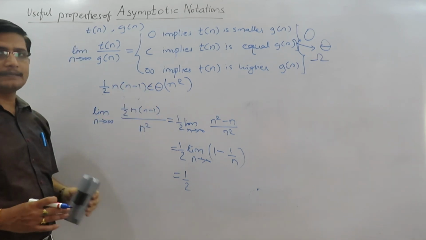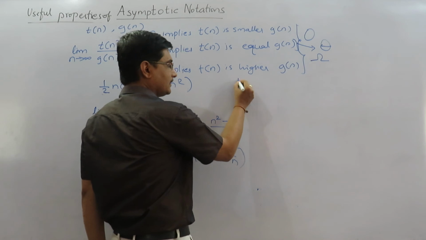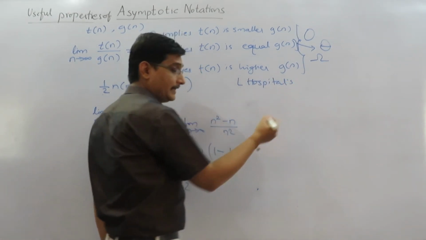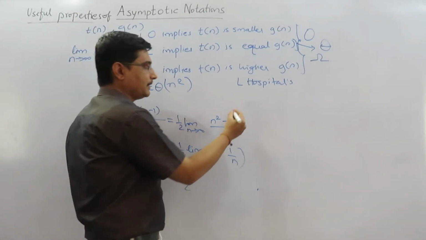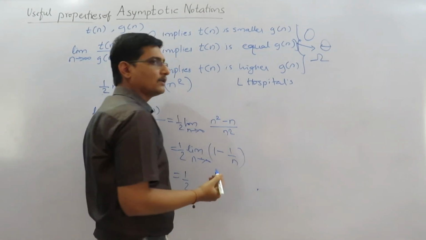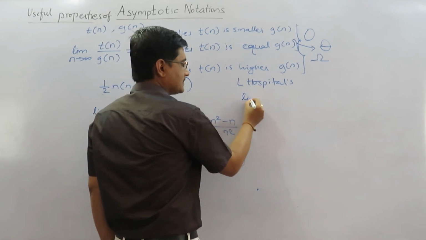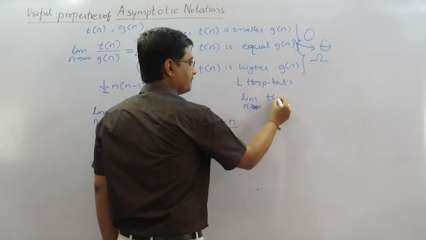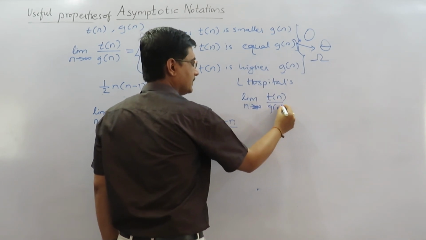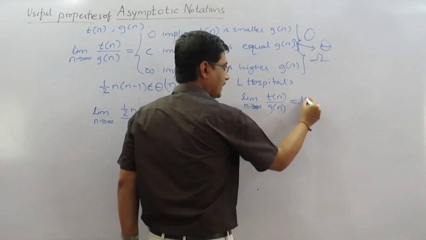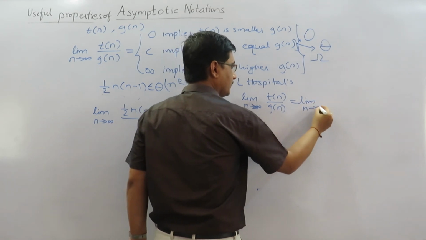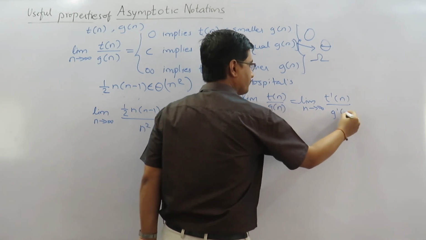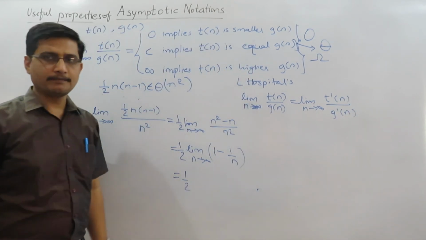When we are calculating this, we may need to use L'Hospital's rule. Sometimes it may be required. L'Hospital's rule is: limit as n tends to infinity, T of n by G of n is equal to limit as n tends to infinity, T dash of n, that is the derivative of T of n, by G dash of n, that is the derivative of G of n.